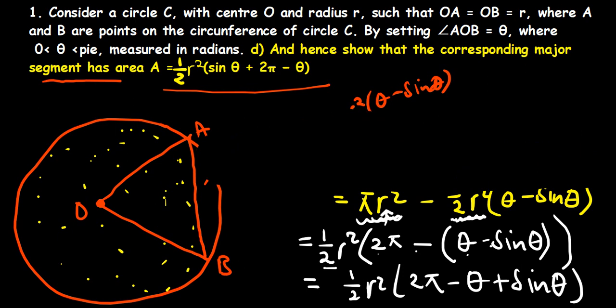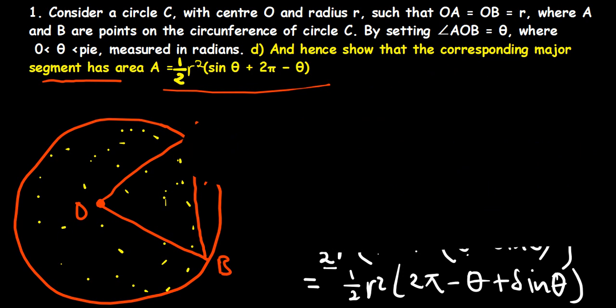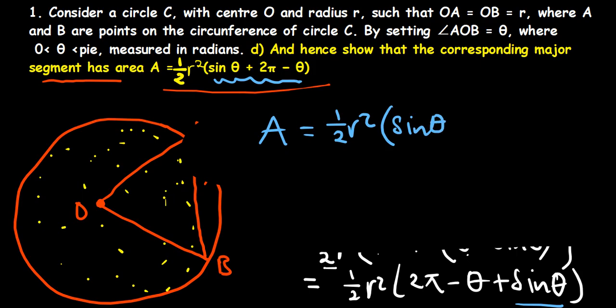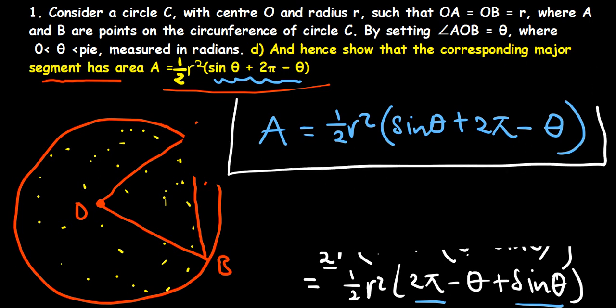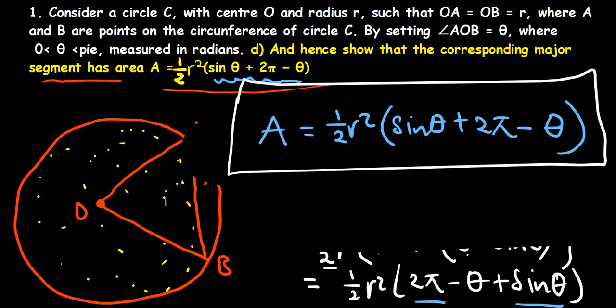Our final area will be area equals 1 over 2 r squared, and then in the brackets, let's write it in the way that they want. I will start with sine theta, and then plus 2 pi, then minus theta. So we can see that this here is just the formula for the major segment of the circle.